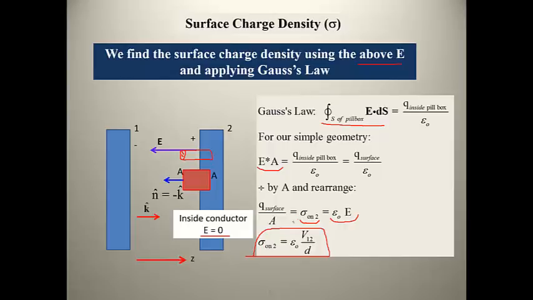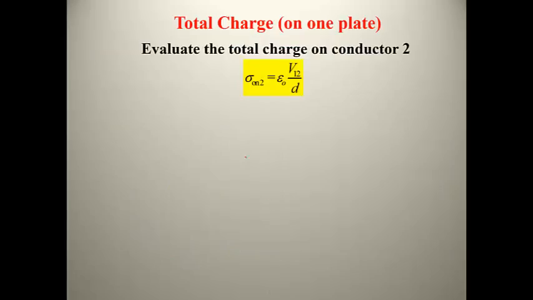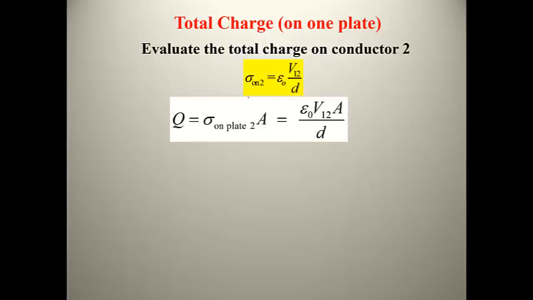The surface charge density on the opposite plate could also be calculated, and that will end up being just minus this quantity here. So if we evaluate the total charge on the conductor 2, here's the surface charge density that we derived, then it'll just be the area times this surface charge density. We'll call that capital Q, and so this will be epsilon 0 V12 A divided by d.